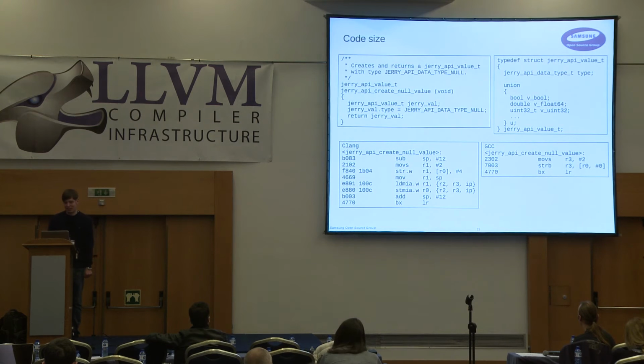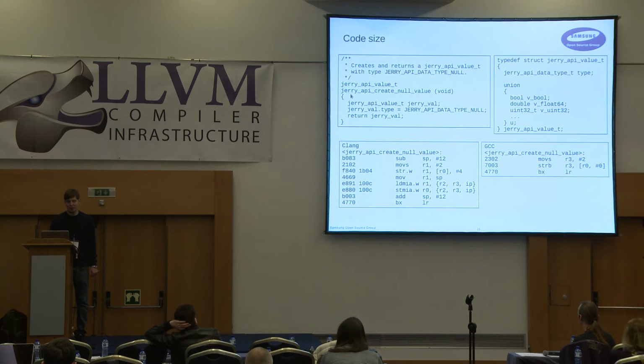And yeah, so this is a very small function. JerryScript has a C API to interface with C code, and one core data type is the Jerry API value type, and this is effectively a struct which has two fields. One of them is the type of the value, and then there's also a union which carries the actual contents of the value.